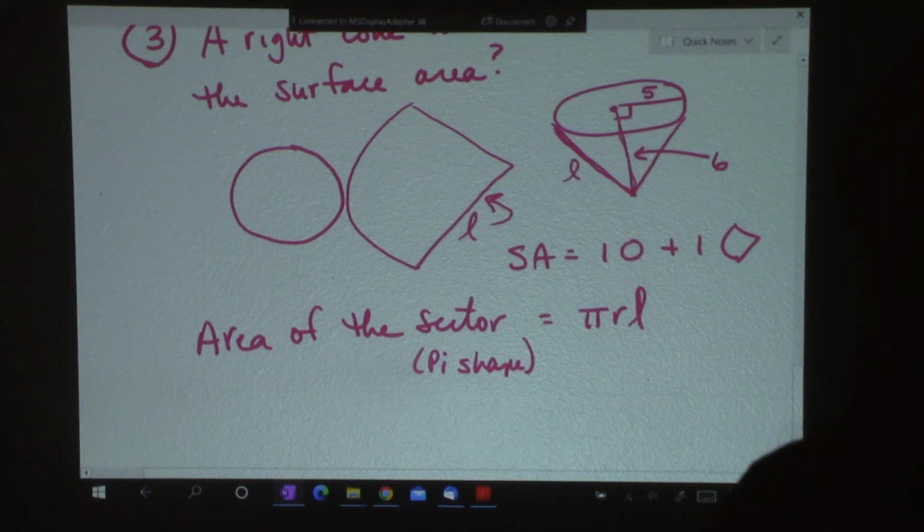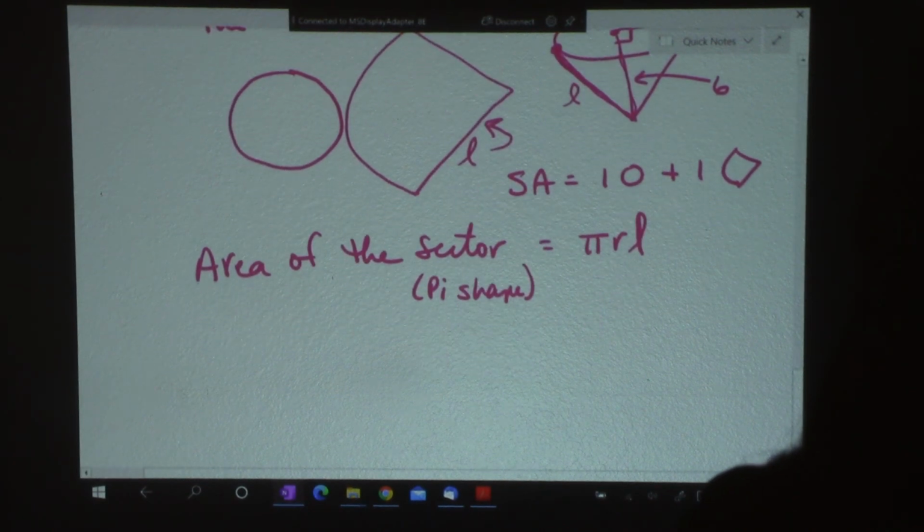The height inside starts in the middle and goes through the cone, whereas the lateral side is on the outside and it starts from the edge and goes in as a slant. Very important that you keep those different because they represent different numbers. So we need to find both things.